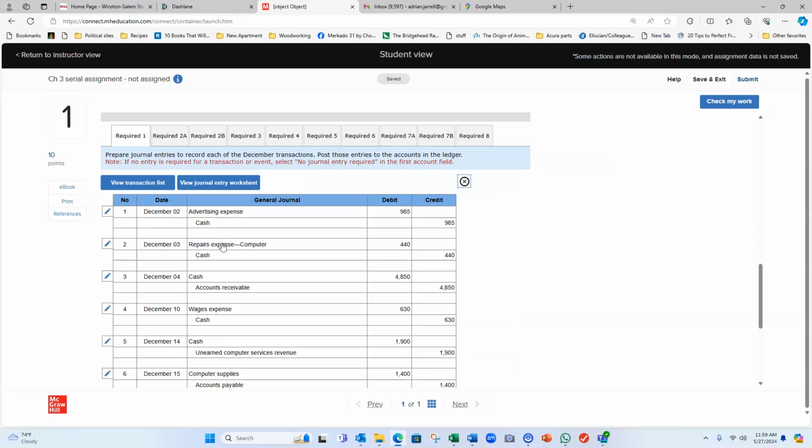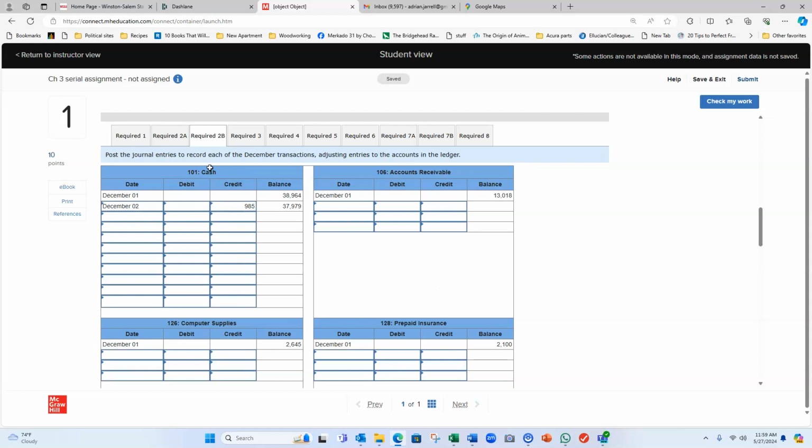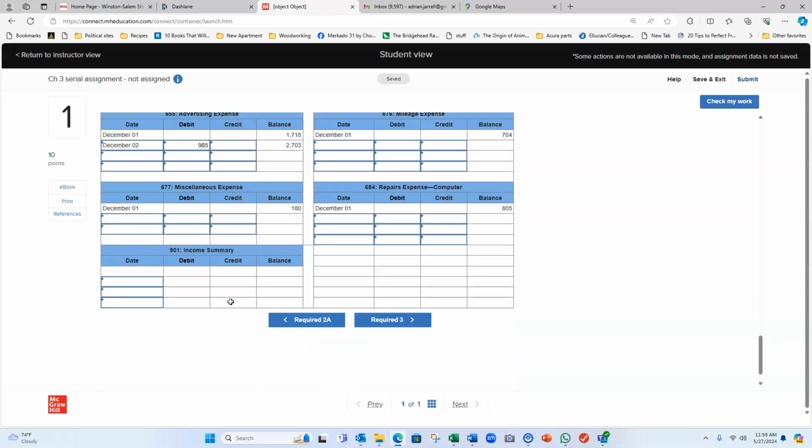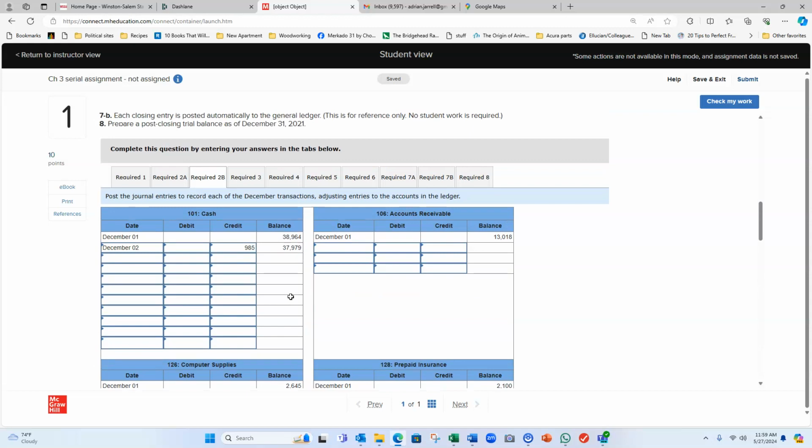The next one is a debit to repairs expense and credit to cash for $440 on the 3rd. Computer repairs expense, 3rd, $440. See the debit and the credit happening.